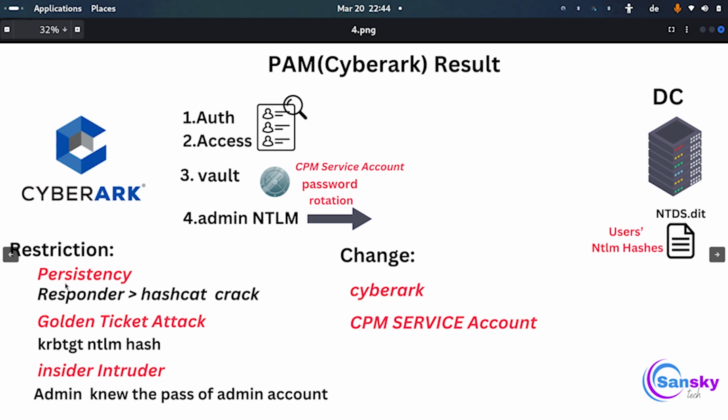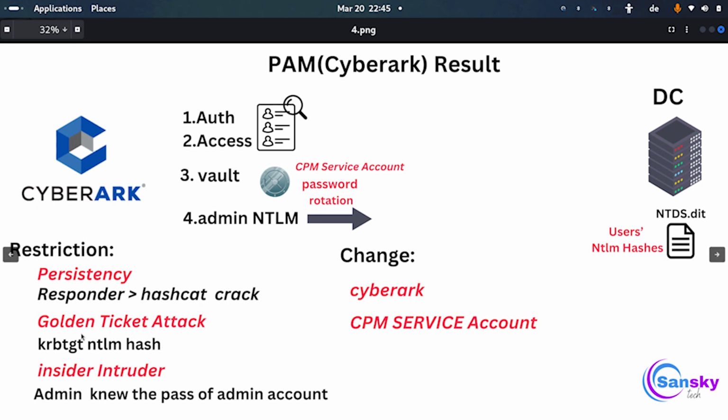But now, because of this password rotation, which is done automatically by CyberArk, that is no longer possible. So if we, for example, run our Responder, get the NTLM hashes and crack them with Hashcat, it's not going to be so useful.